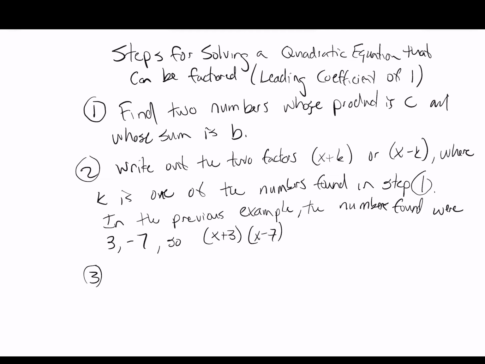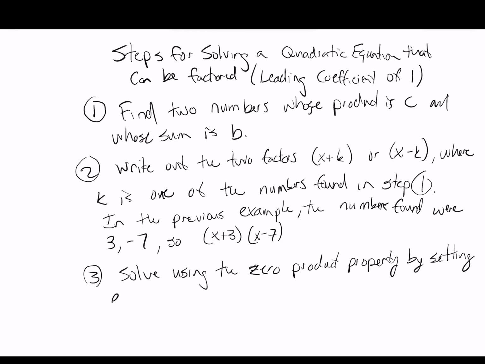And then finally, solve using the zero product property by setting each factor equal to 0 and solving for the variable.